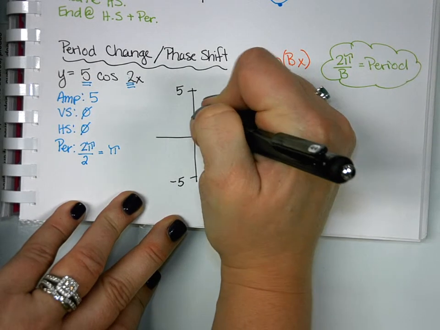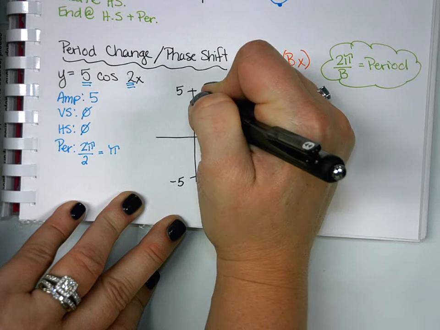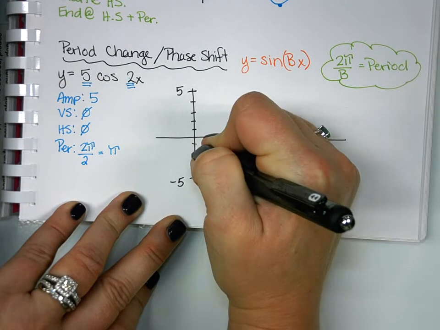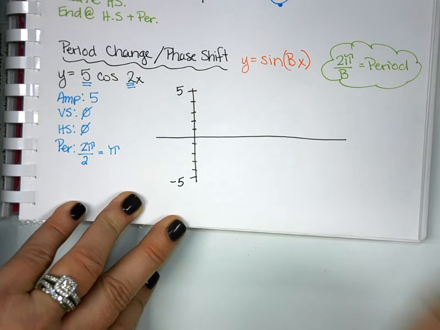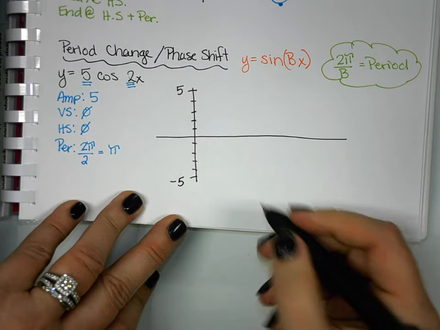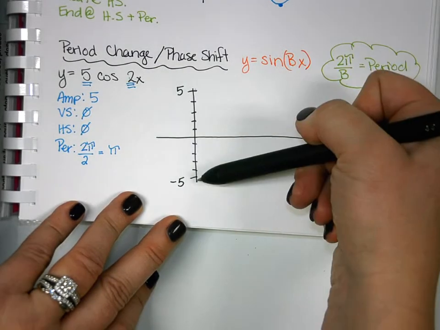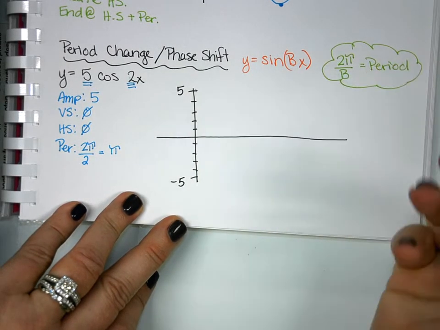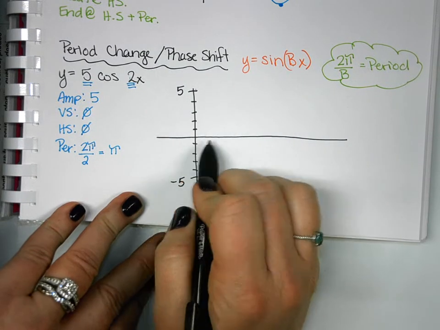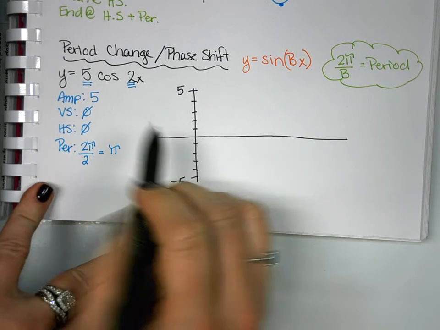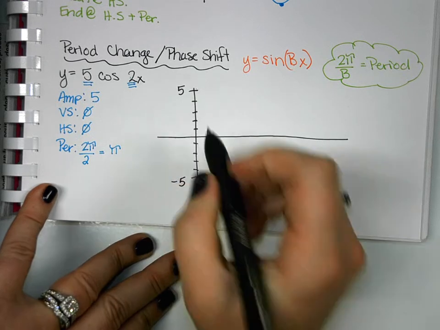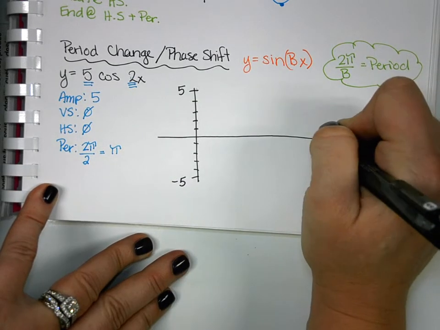Now, I'm not going to require that you write all of these little marks in the middle. You can if you want, it's not wrong. But I just care more about the key values, so 5 and -5. So now on my x-axis, my start, since I don't have a horizontal shift, is at 0. My end is going to be at pi.